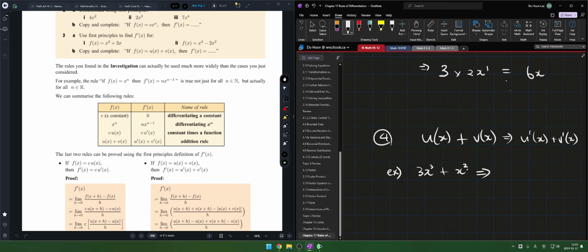So the first term goes like 3 times 3x squared. Second part, x squared, x to the power of 2. 2 comes down. It's 2 times x to the power of 2 minus 1. So it's just x. Which is 9x squared plus 2x.